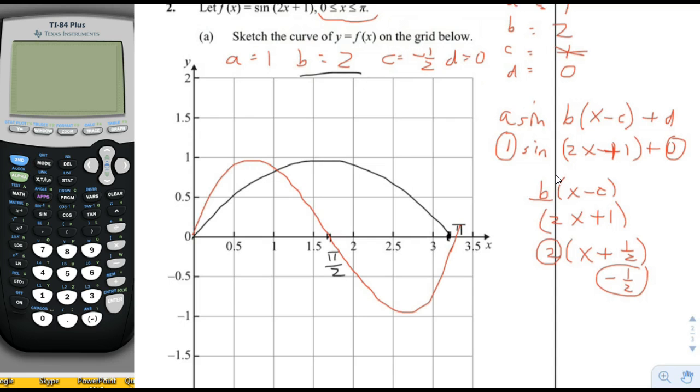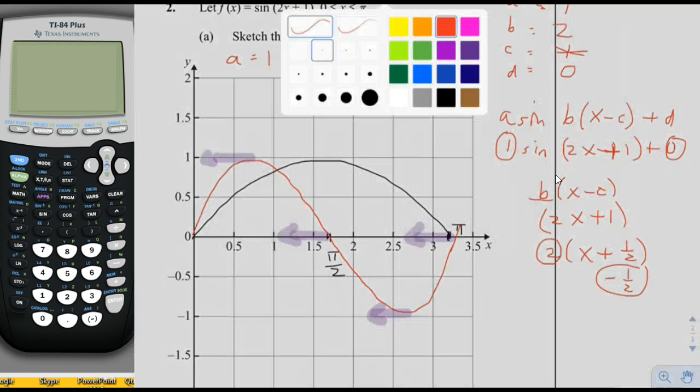So that was the horizontal stretch by a factor of 1 half. It's like the inverse: instead of 2, it would be 1 half. And the c value is going to displace it by negative 1 half. All the points are going to move over to the left because it's negative 1 half, so about 0.5. Let's draw our new points in blue.